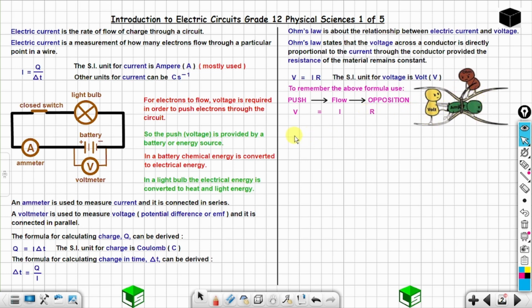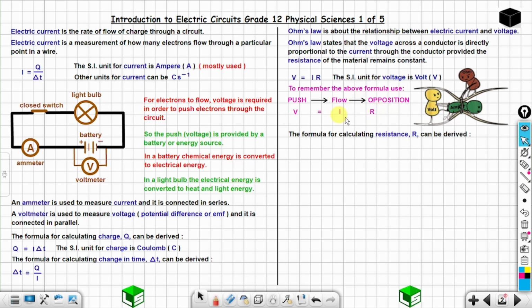So we carry on. The formula for calculating resistance can be derived. What you have to do is divide by current on both sides so that you can have resistance alone.